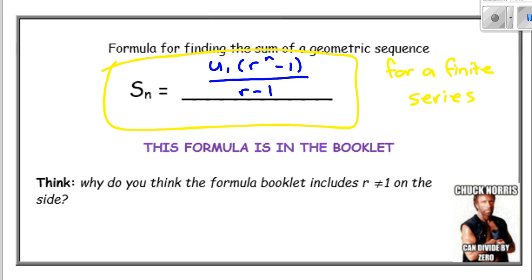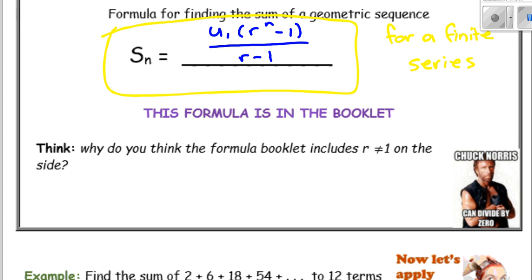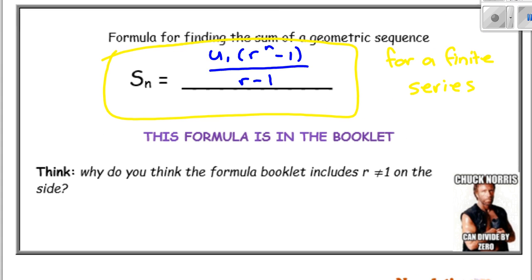Here's the wacky formula for geometric series. Why do you think the formula booklet includes R cannot equal 1 on the side? So on the side, in the formula booklet, they've got something that sometimes confuses students. They say R is not allowed to equal 1. So why might it be a problem if R was equal to 1? Then the denominator will be 0.